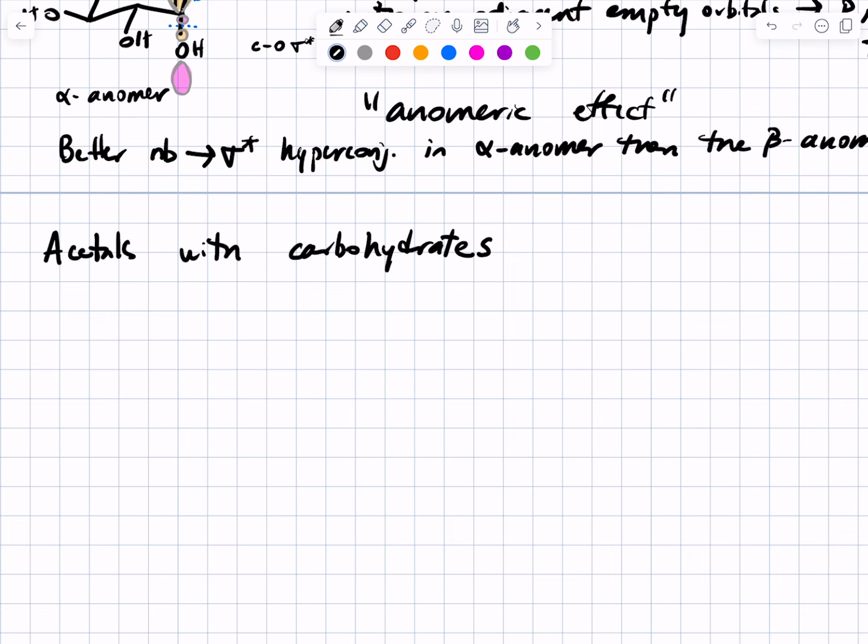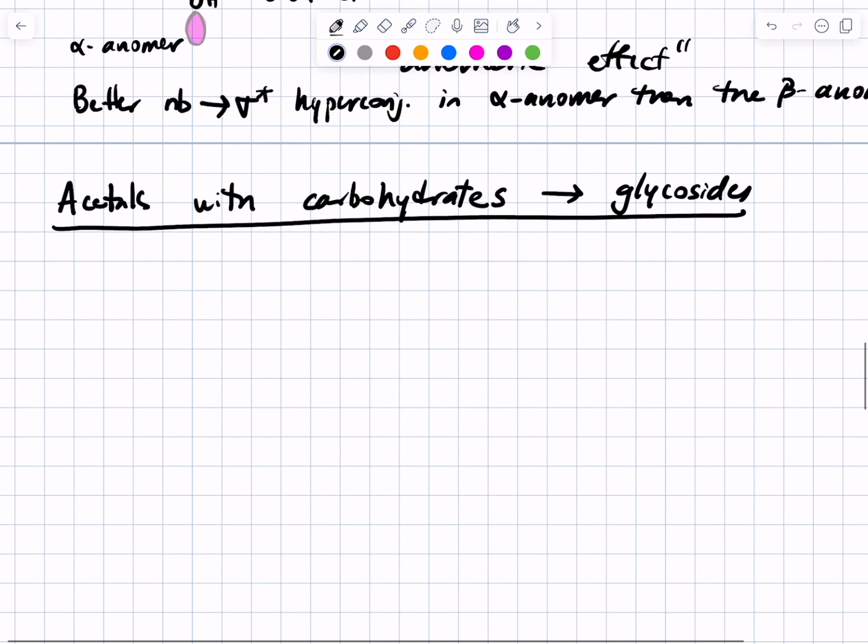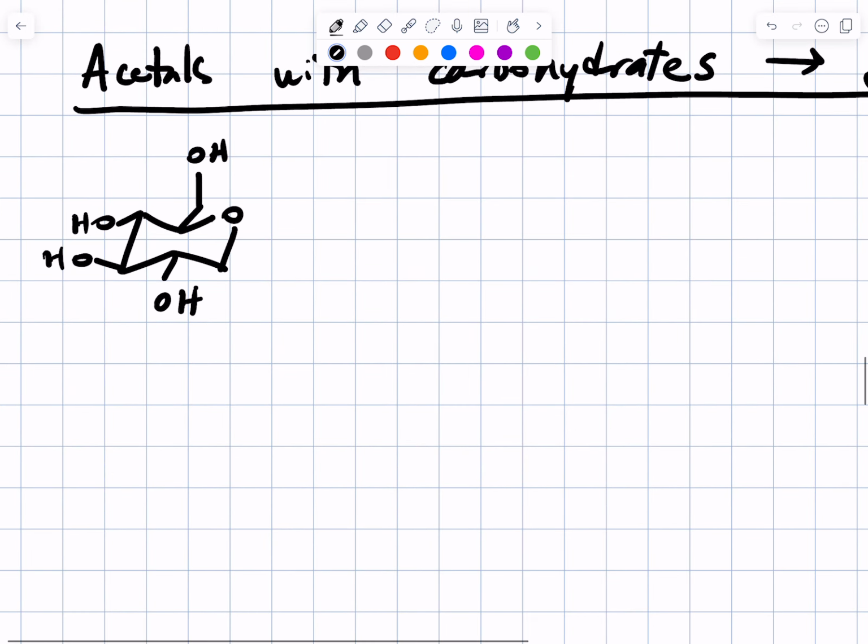Acetals with carbohydrates are called glycosides. And so we're going to talk about simple glycosides and then do some more complicated glycosides. If I took glucose, beta D or D-glucopyranose, and suppose I want to communicate that I know I'm missing the C1 OH group.